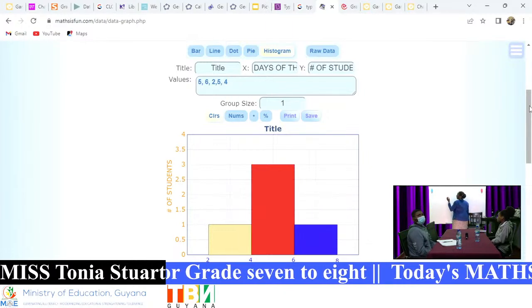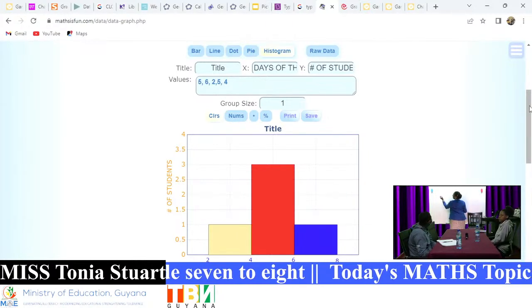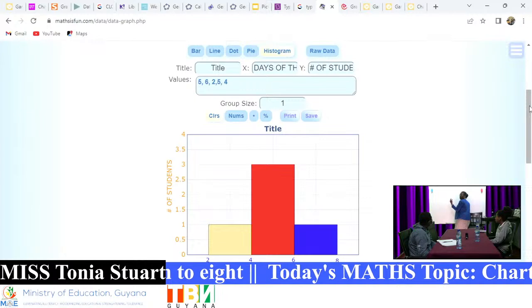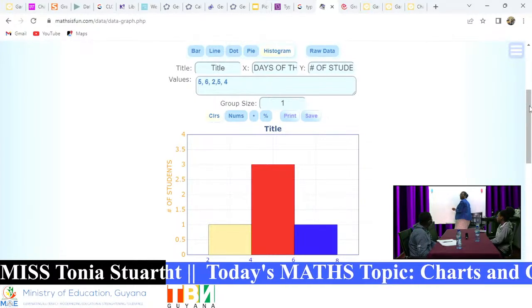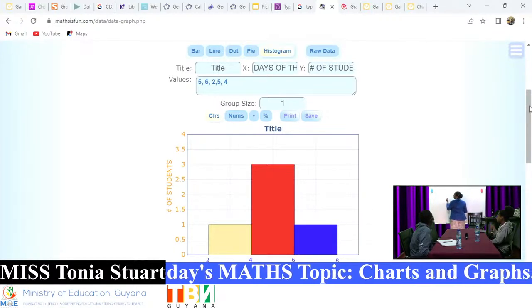So let's say we have scores in a test where the highest mark would be 10. So I'm going to put on a few.